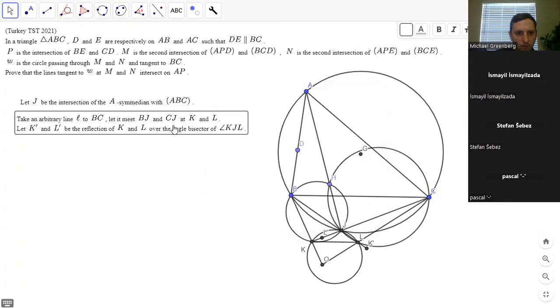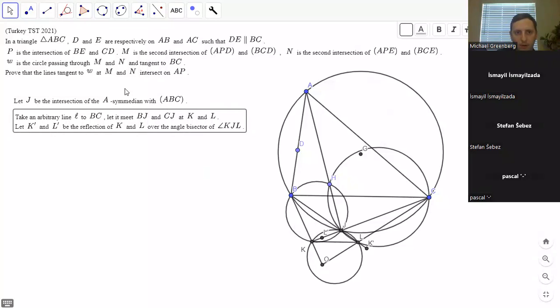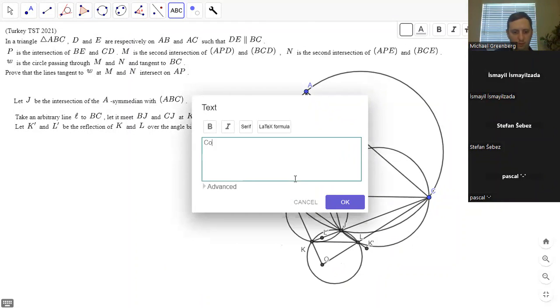Consider an inversion about J that takes B to K prime and C to L prime, followed by a reflection over the angle bisector of KJL.